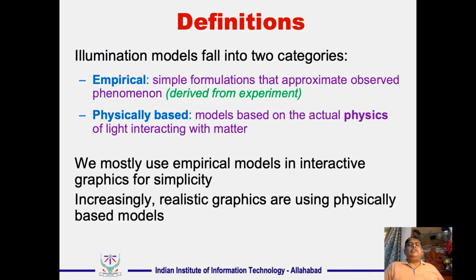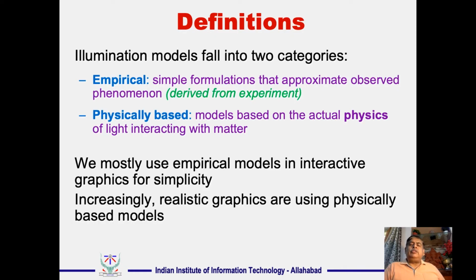Illumination models fall into two categories. Empirical: simple formulations that approximate the observed phenomenon, derived from experiments. Physically based: models based on the actual physics of light interacting with matter, and this is extremely complicated and requires a lot of knowledge of physics.